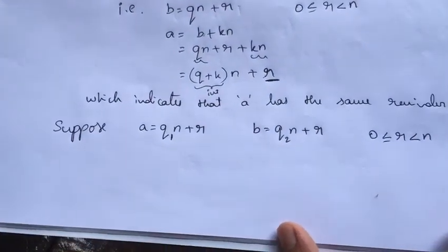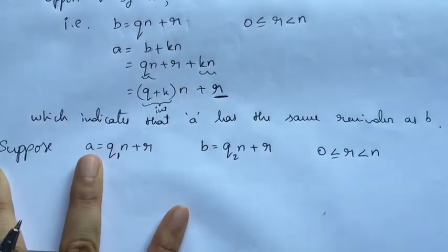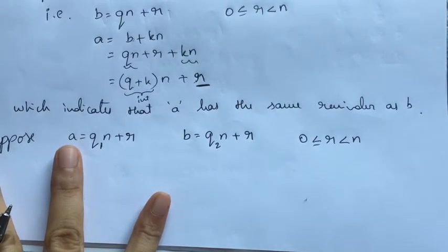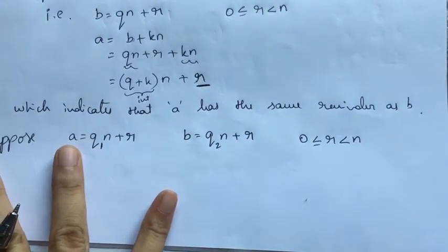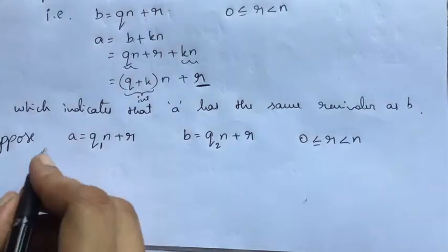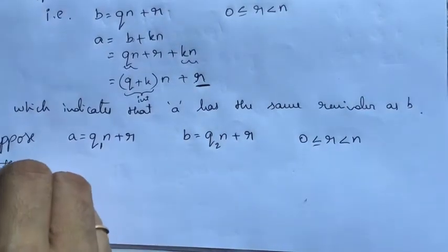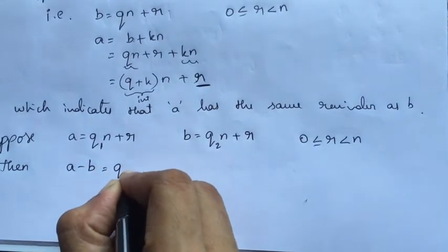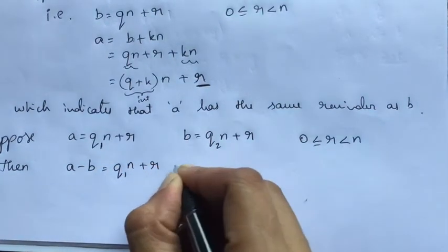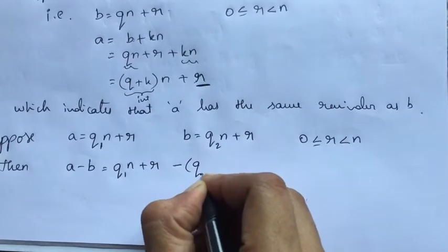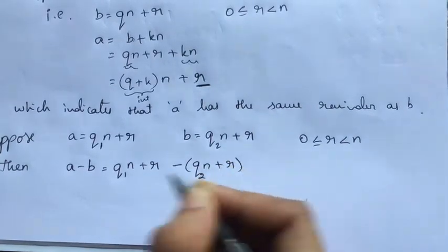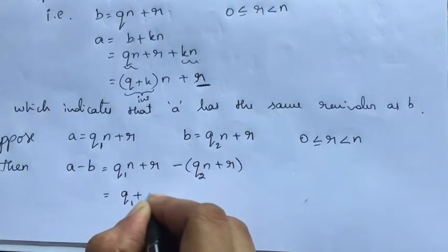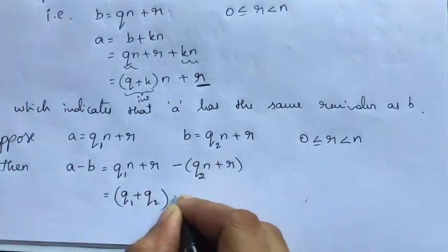So now a and b are giving the same remainder, that is r. Then I'll write a minus b, which is nothing but (q1n + r) minus (q2n + r), which is nothing but (q1 − q2) times n.